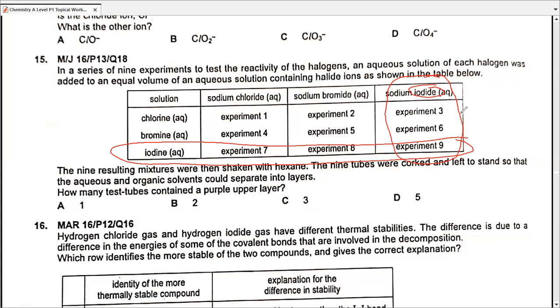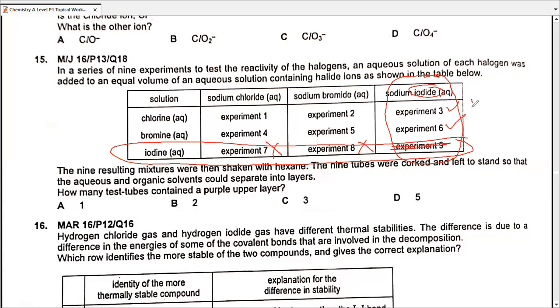Now, let's discuss, as per our understanding, whether the displacement would occur or not. So yeah, the displacement would occur in this one. Yeah, definitely would be done in this one. There would be no displacement over here, no displacement over here. This is a reaction between iodine and iodide. Of course, there is going to be no displacement over here. This is not even an experiment for displacement.